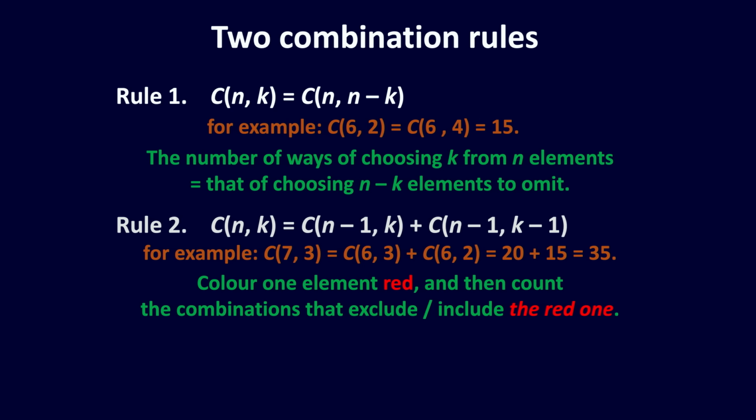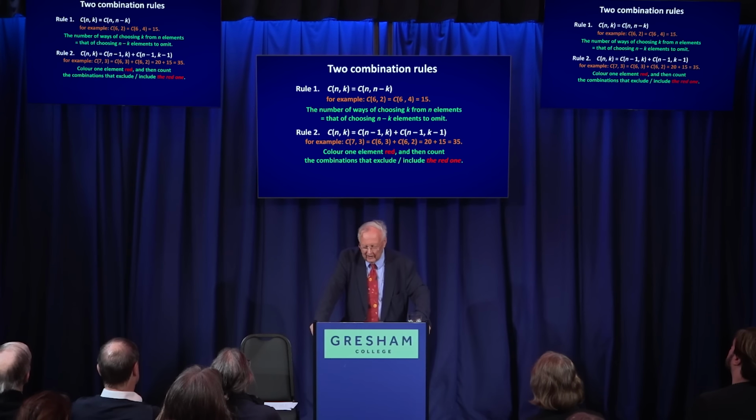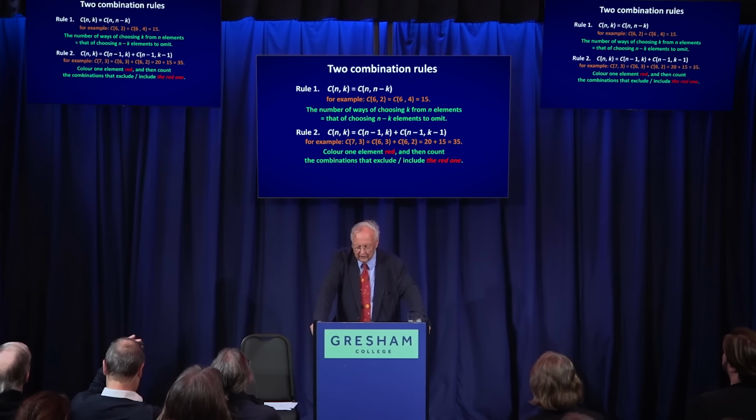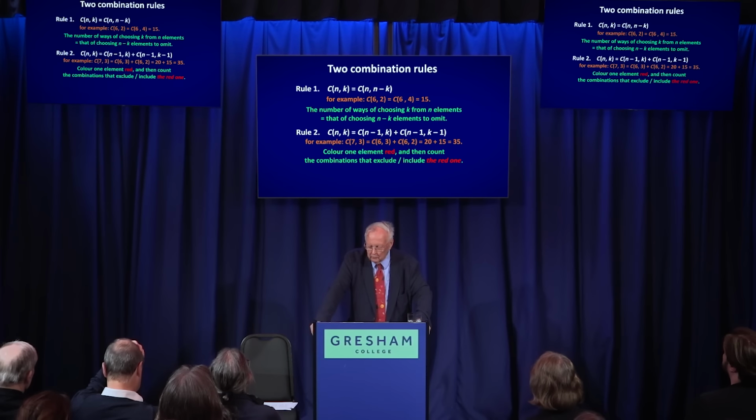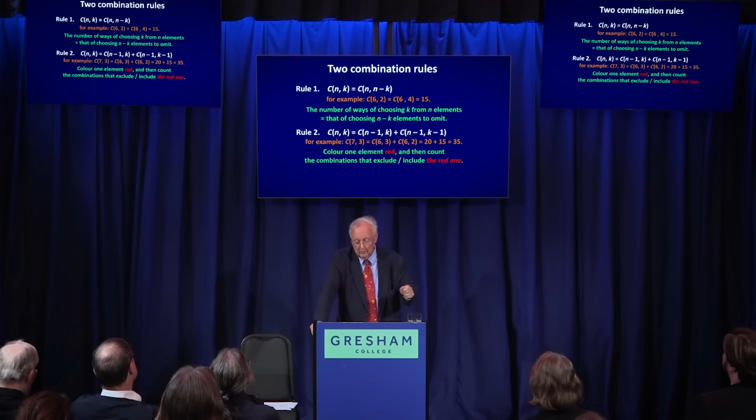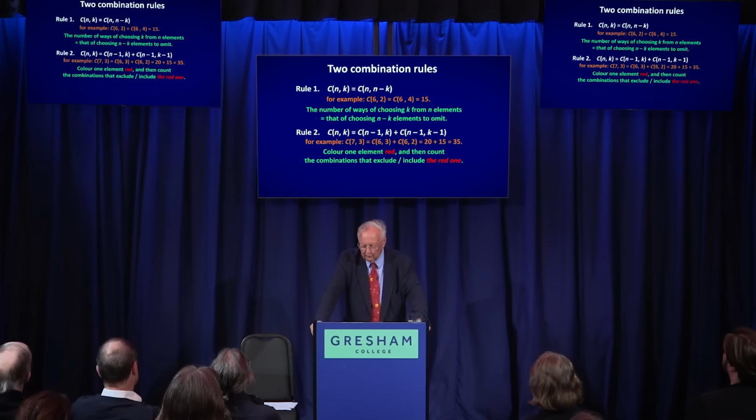And we can prove this algebraically using our formula for Cnk. But it's much more revealing to note that choosing 2 medicines is the same as ignoring 4 medicines. So C62, the number of ways of choosing 2 medicines, is equal to C64, the number of ways of choosing which 4 to ignore. And this argument works in general.